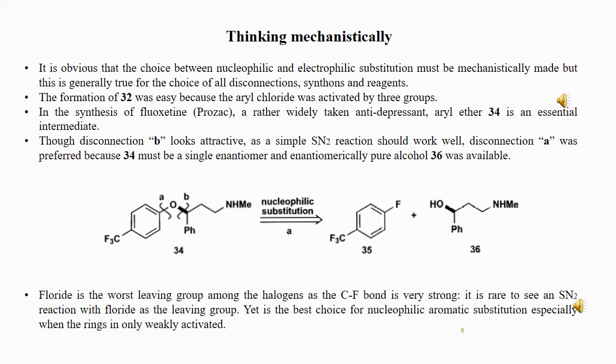It's a single enantiomer, and enantiomerically pure alcohol 36 is available. So if we are using an enantiomerically pure reagent, the reaction will ultimately give 34, which will be formed from 36, and 35 will be enantiomerically pure. We should keep this in mind. We should think mechanistically for all these things.